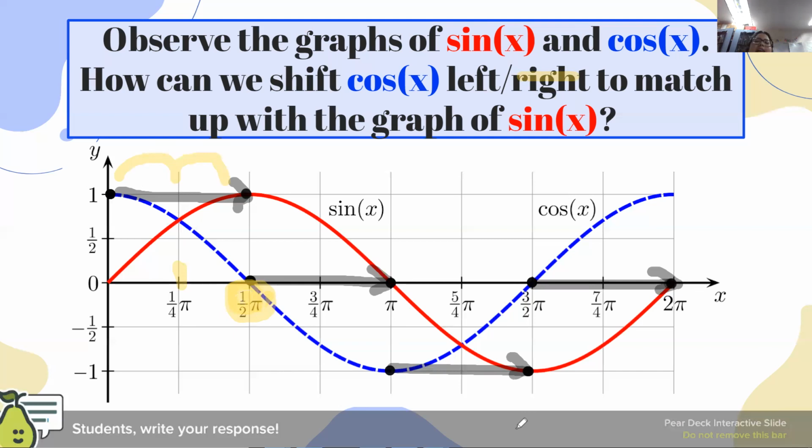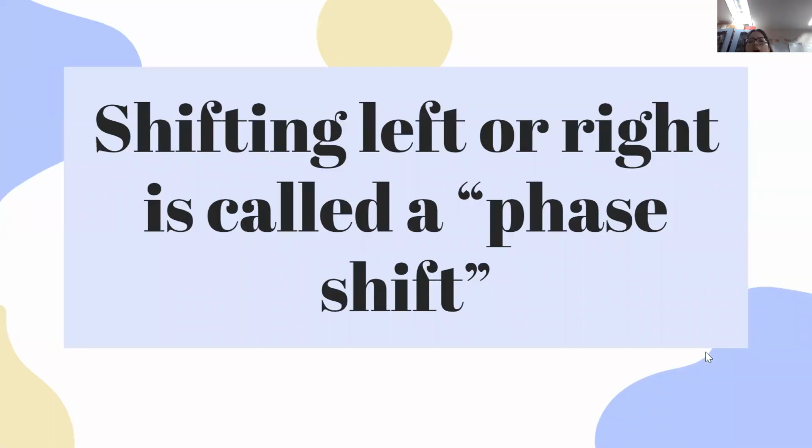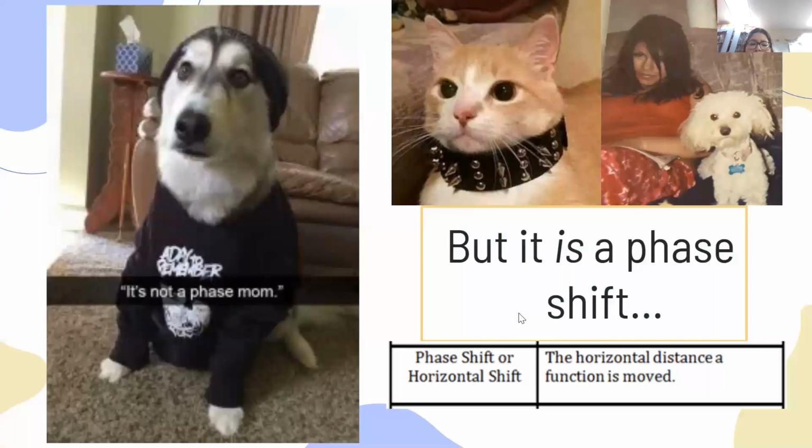We can use this idea to transform all of our trig functions. Shifting left or right is called a phase shift. No, Mom, it's not a phase, but it is a phase shift. A phase shift just means we're moving horizontally, the horizontal distance that a function is moved.